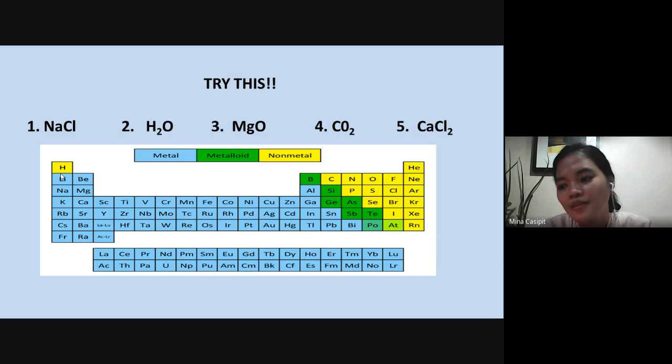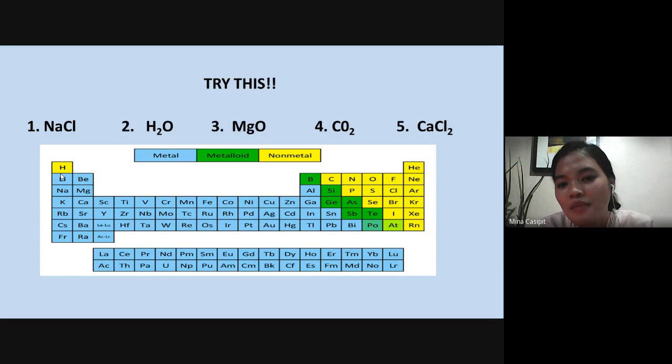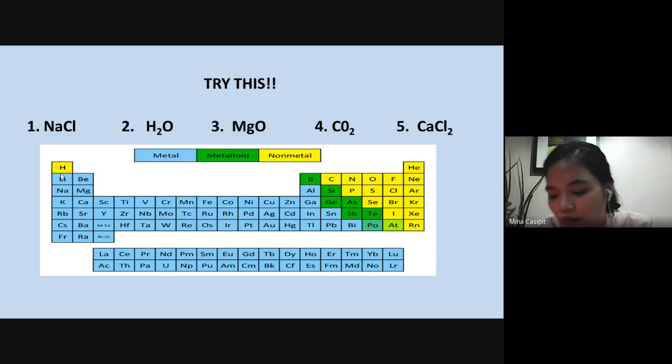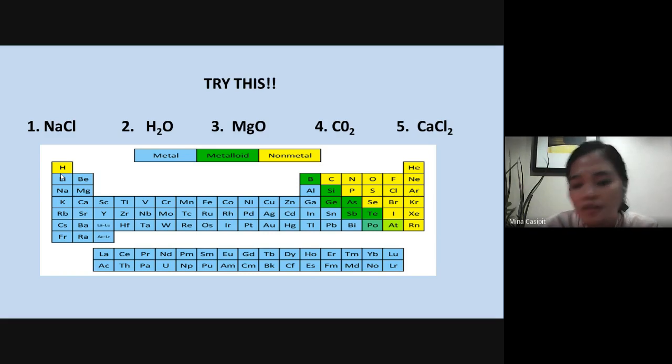Okay. So, ano siya? Is it ionic or covalent? Ionic. Non-metal plus non-metal, anak. Covalent. Covalent, correct. Then, what is the name of the compound? Carbon dioxide. Okay, correct. Carbon dioxide.